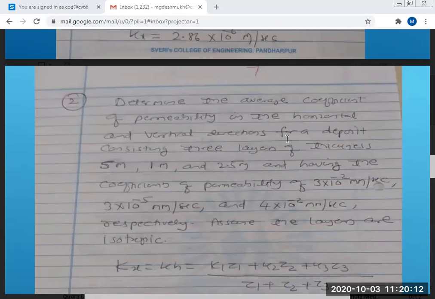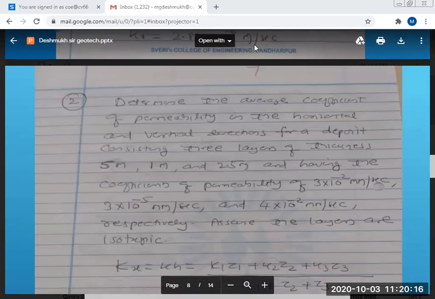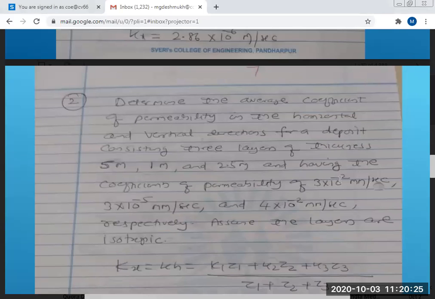Everything I have given. The only thing you have to do is apply the formula. What is the formula for kx? What is the formula for kz? And tell me the answers. What is the answer for kx and what is the answer for kz? You have to do it and tell me the answer.